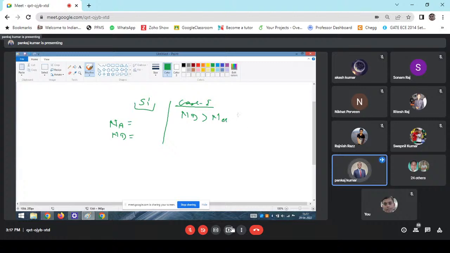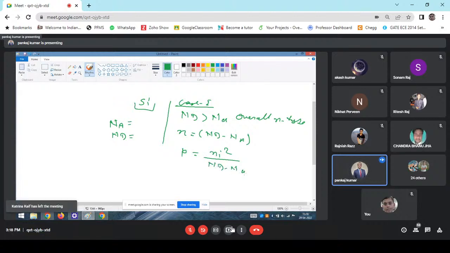In this case, this will become overall N-type, and the concentration of electrons will be Nd minus Na, and the concentration of holes will be the intrinsic carrier concentration squared divided by Nd minus Na.